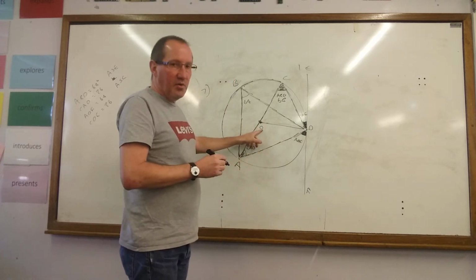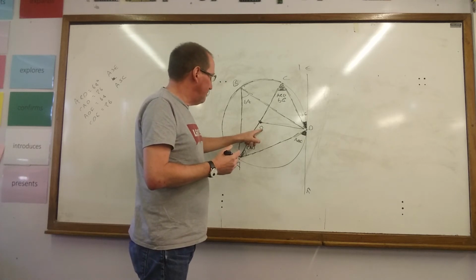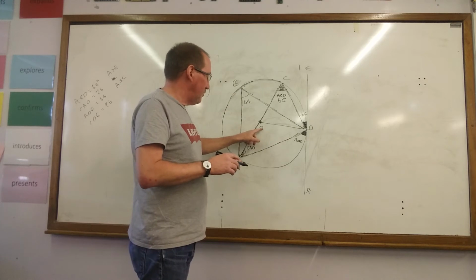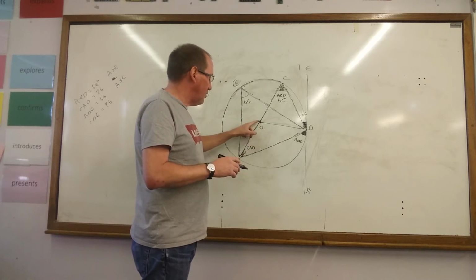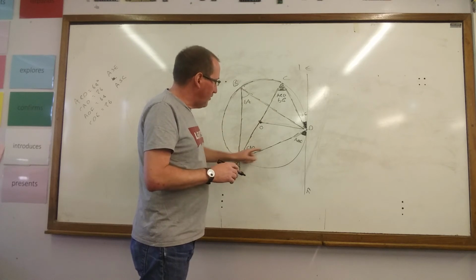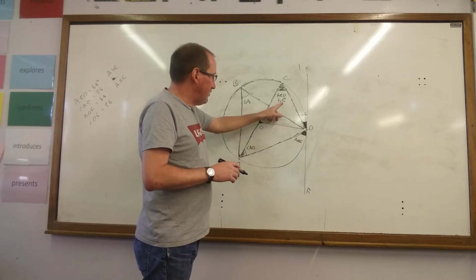Invariably, the centre of a circle is called O, a bit like the origin when you've got a graph, x equals 0, y equals 0, so O for the centre of a circle. So this is the centre, this is the diameter, so that triangle creates a 90-degree angle at the circumference there. That's 90, that's 64.